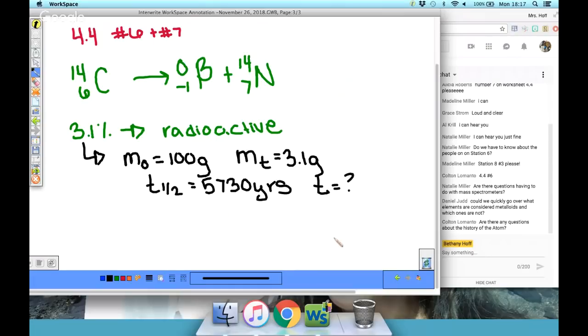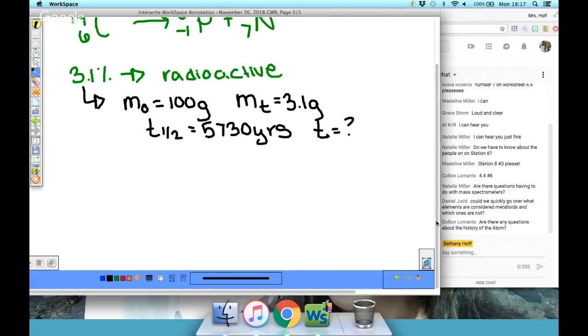So we're going to have to use our equation. Don't forget that our equation is m t equals m naught times 1/2 raised to t over t 1/2.